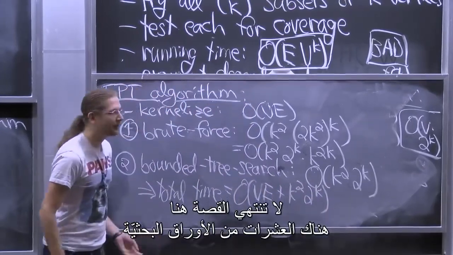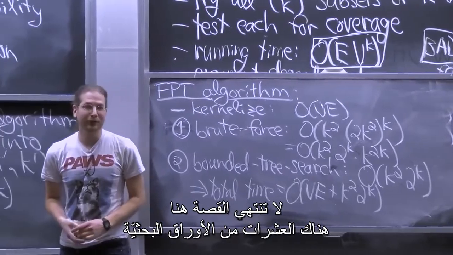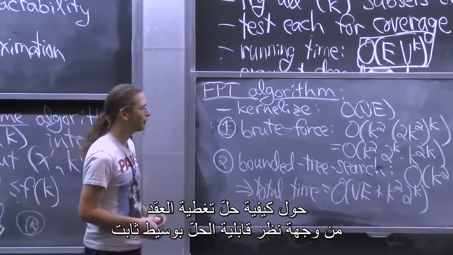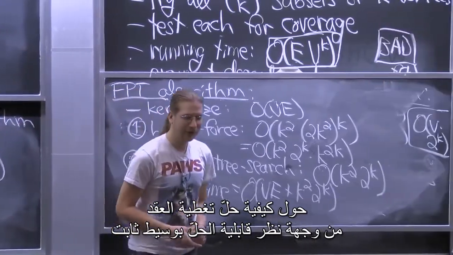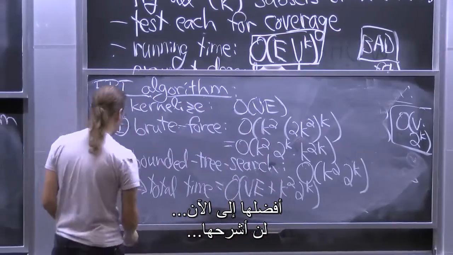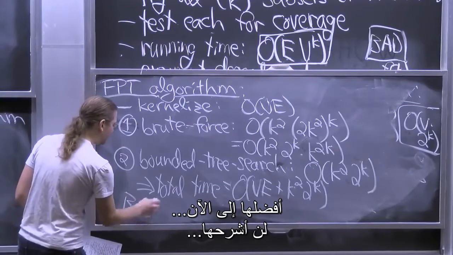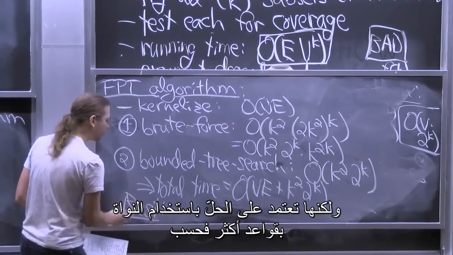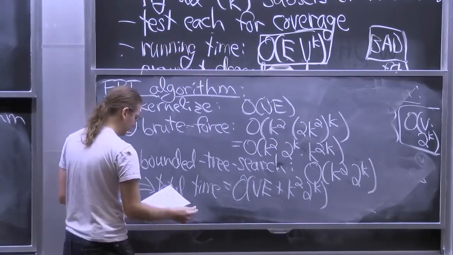The story doesn't end here. There are dozens of papers about how to solve vertex cover from fixed parameter tractability perspective. The best one so far, I'm not going to cover, but it is based on kernelization, just more rules.